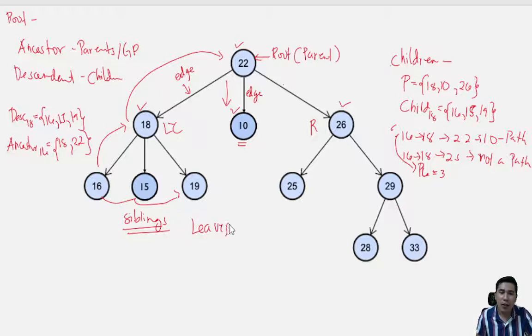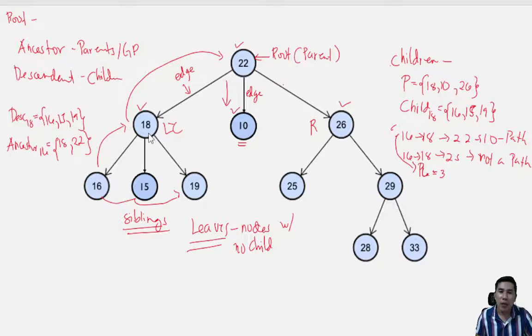So what are leaves? Leaves are nodes having no children. A leaf is a node with no child. Since 16, 15, and 19 are siblings that have no children, we can consider them as leaves.